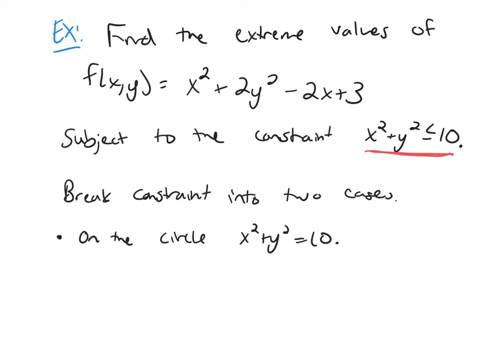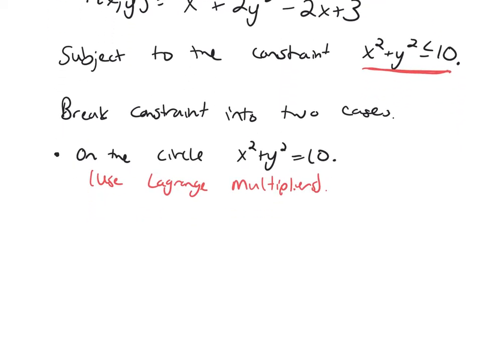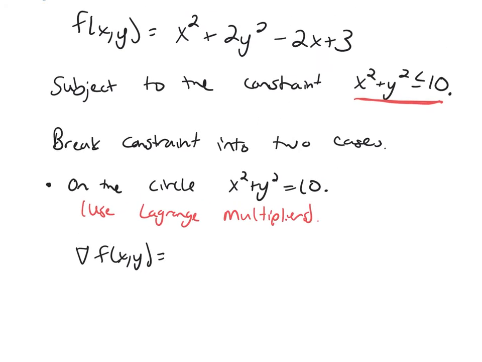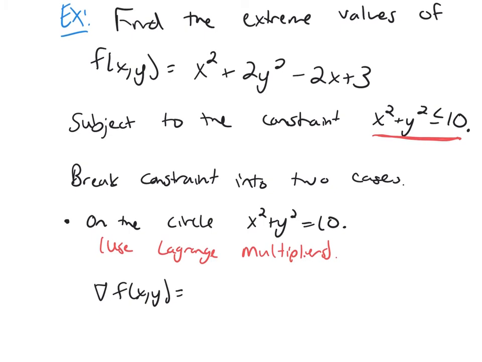And what you're going to do here is use Lagrange multipliers, because I have an equal to. I can use my method of Lagrange multipliers now. So the gradient of f: go back up to your function f, the partial derivative with respect to x would be 2x minus 2.